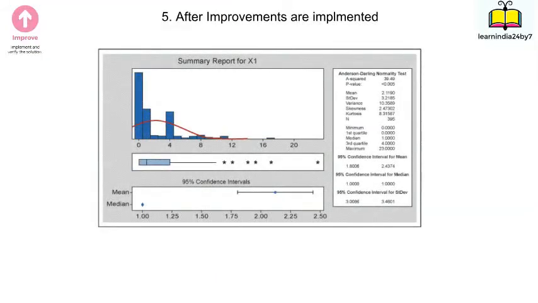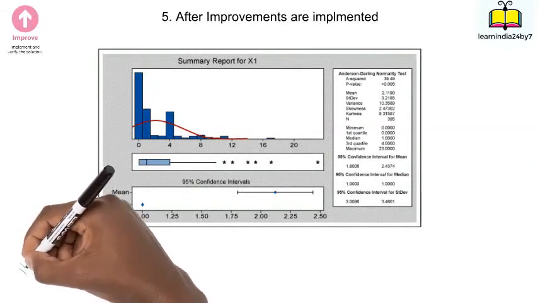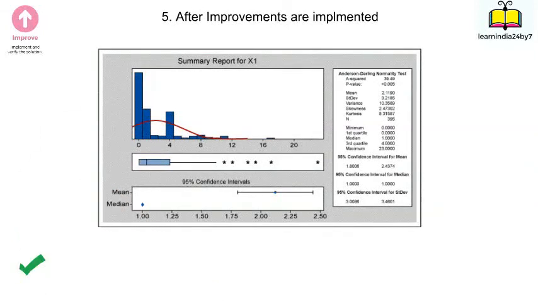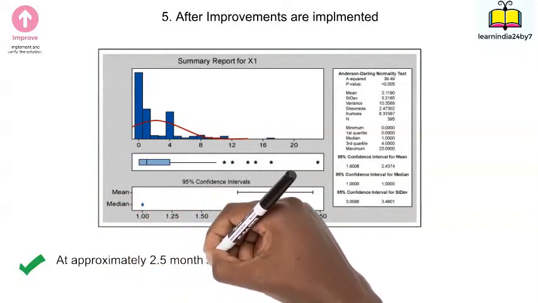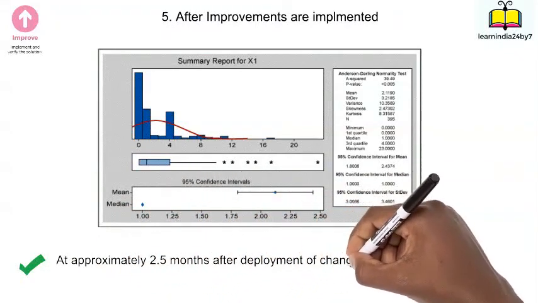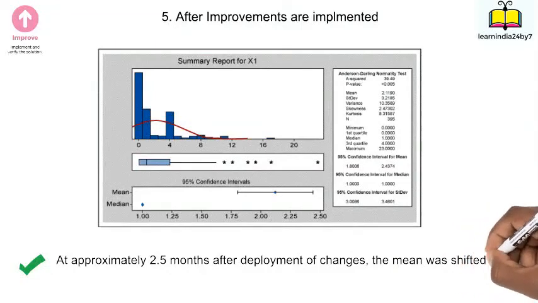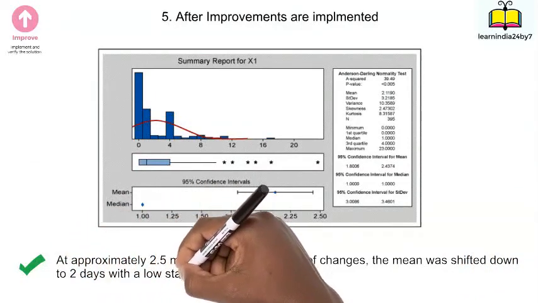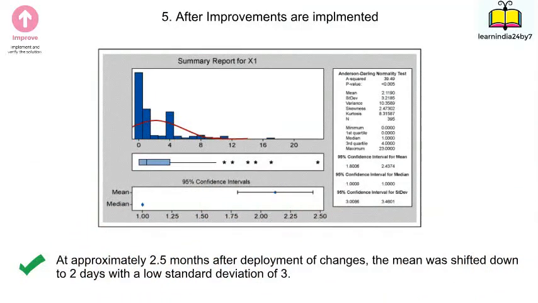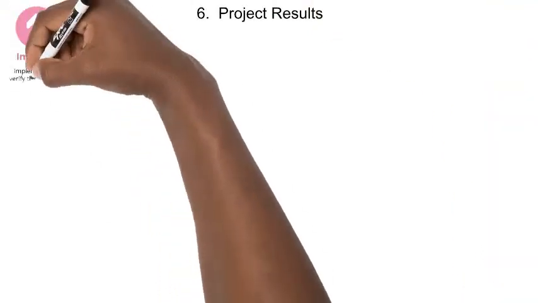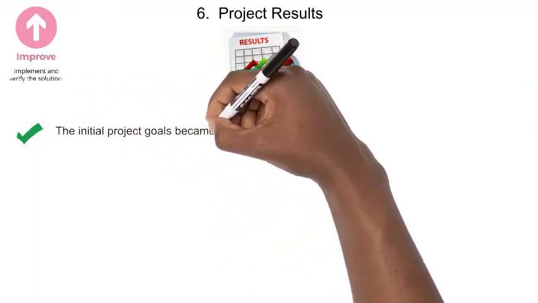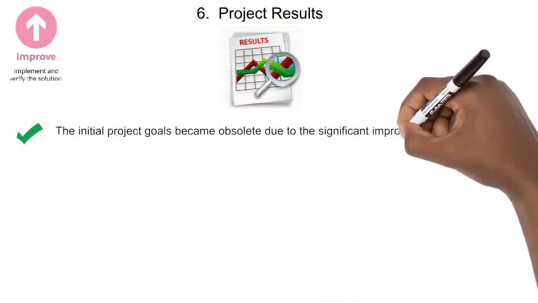So after implementation of all improvements, at approximately 2.5 months after deployment of all the changes, the mean shifted down to 2 days and the standard deviation reduced to 3 days. So finally, the results were as below.